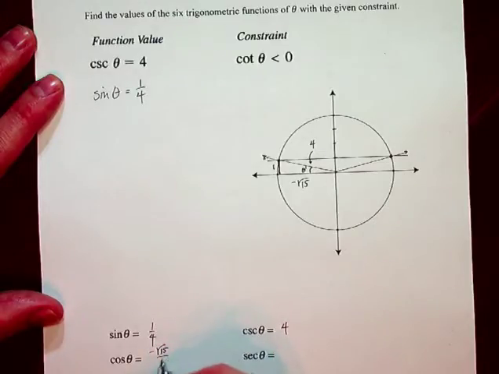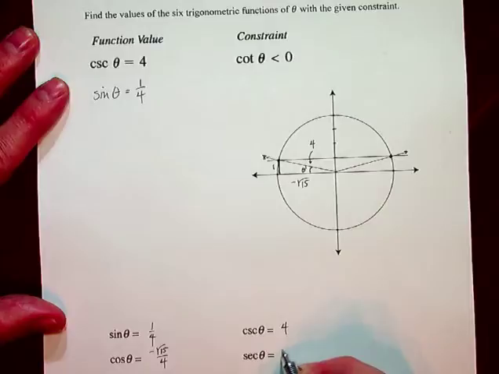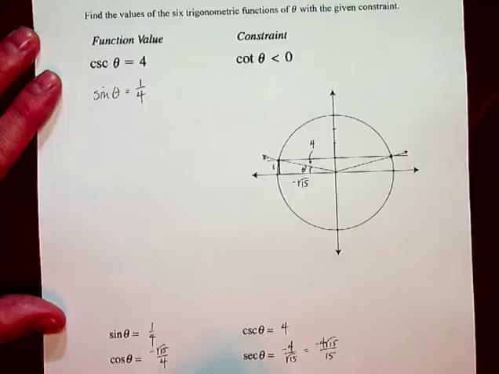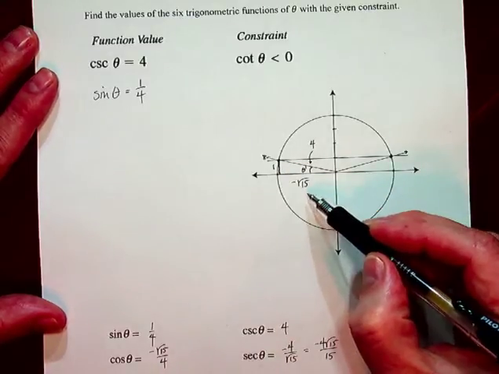Now we can read the rest of them just right off of the triangle, and this becomes negative root 15 over 4, and this becomes negative 4 over root 15, which of course becomes negative 4 root 15 over 15. And this becomes negative 1 opposite over root 15, right? Opposite over adjacent.